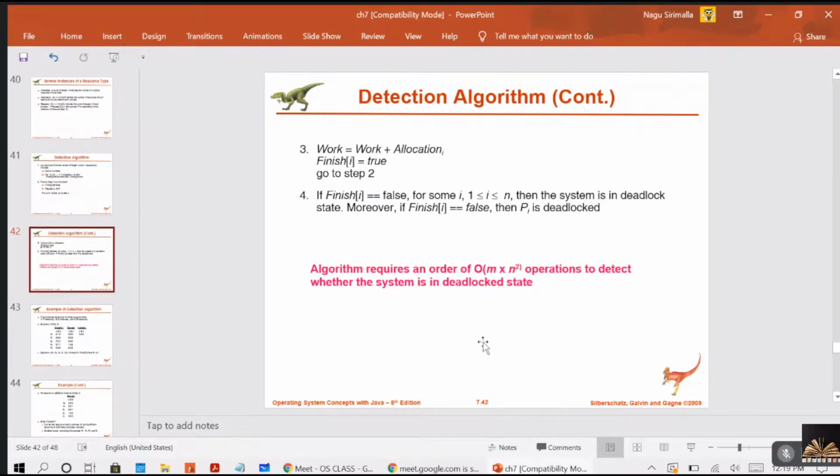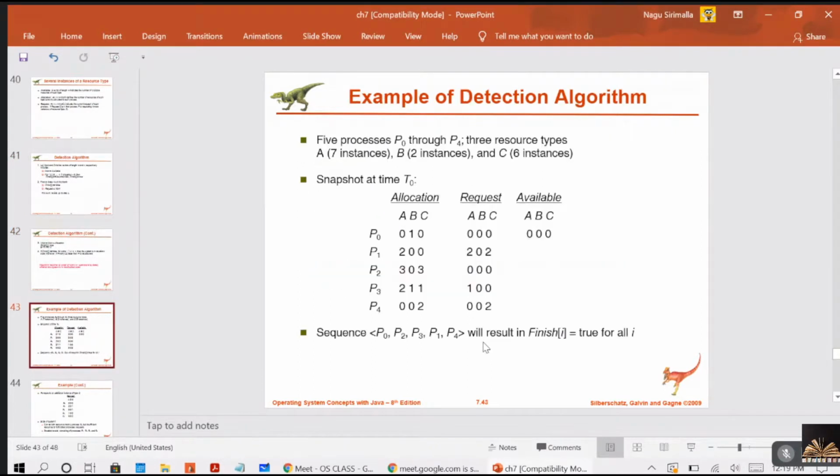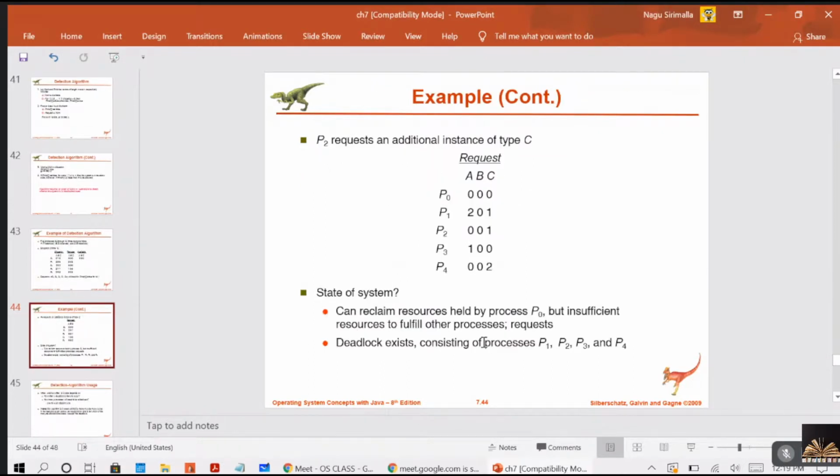One example was given here. So there are 5 processes, P0 to P4, and instances are there, right? Initially, the system is not in a deadlock state. If we apply the deadlock detection algorithm, we will find the sequence that results in finish of i for all.